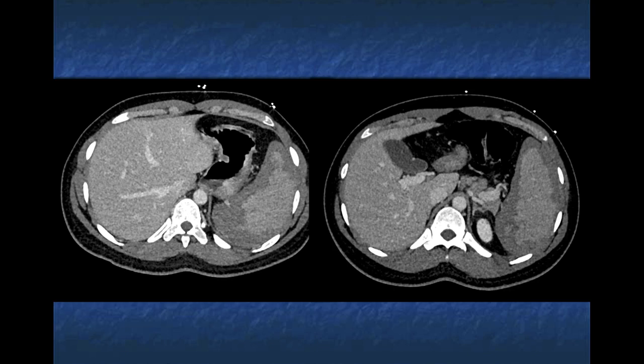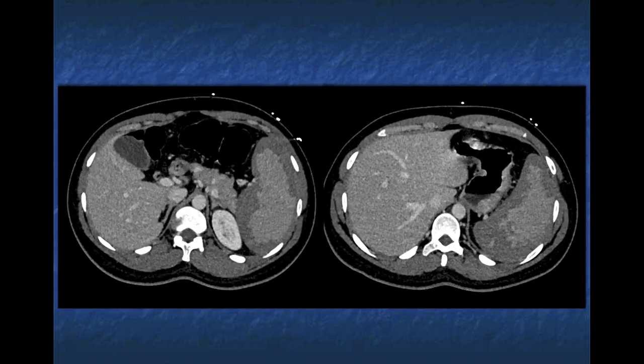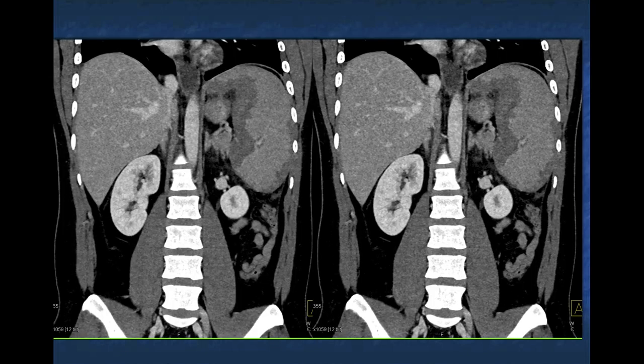You think about tumors, infiltration, but this is low density around the edge of the spleen. You see a little bit of irregularity of the splenic tissue, and you say, well, maybe I'm missing a subcapsular bleed, but subcapsular bleeds are usually pushing. They have mass effect on the spleen and splenic capsule. This doesn't have mass effect, and what you can really see is how it's around the edge.